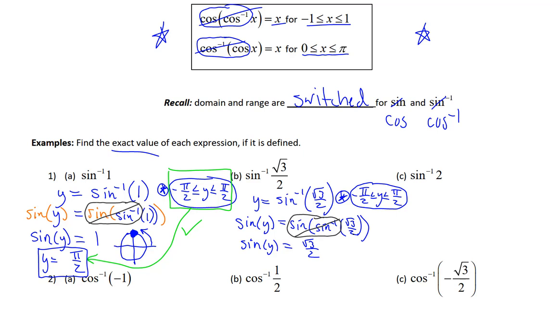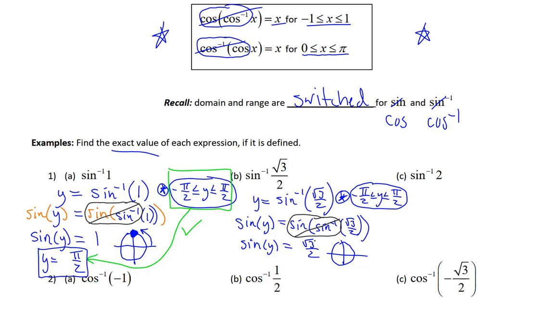And this is, again, back to a unit circle question. So refer back to your unit circle or sketch another one briefly. We want to find out where the sine value is positive root 3 over 2. Sine values are positive in quadrants 1 and 2, so we're stuck in those.